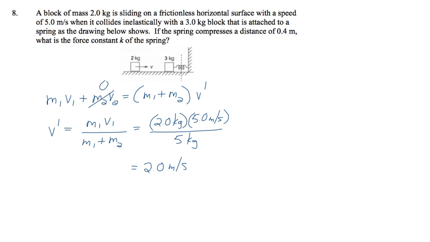So I can say that the original kinetic energy is going to equal the final potential energy, and that final potential energy will all be in the form of elastic potential energy because we're on a horizontal surface, so there's no gravitational potential energy. And so I can just say that 1/2 m V0 squared, and we just solved for that V0, is going to equal 1/2 K X squared.